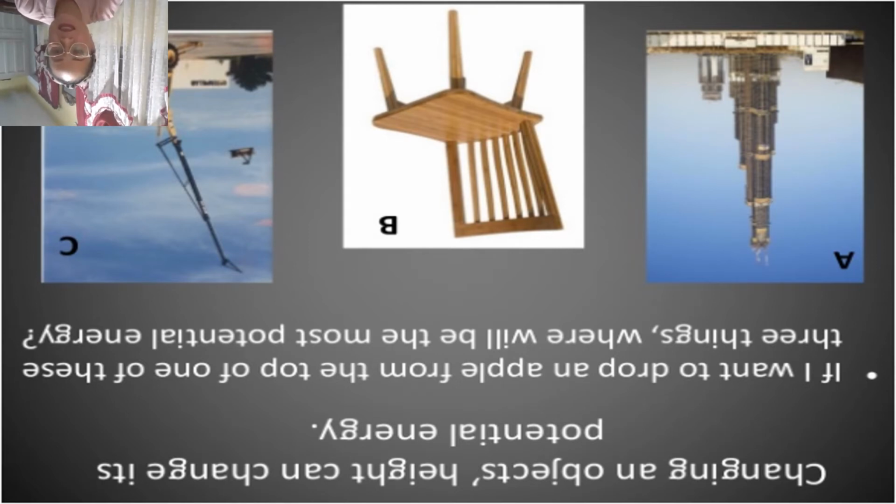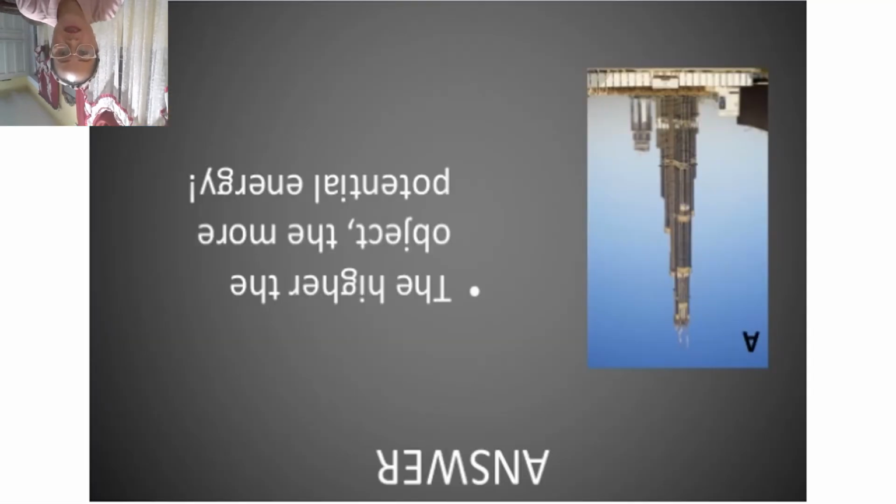Letter A is a skyscraper, letter B is a chair, and letter C is a crane. Which of them will give an apple the most potential energy? The answer is letter A, the skyscraper, because the higher the object, the more potential energy it has.